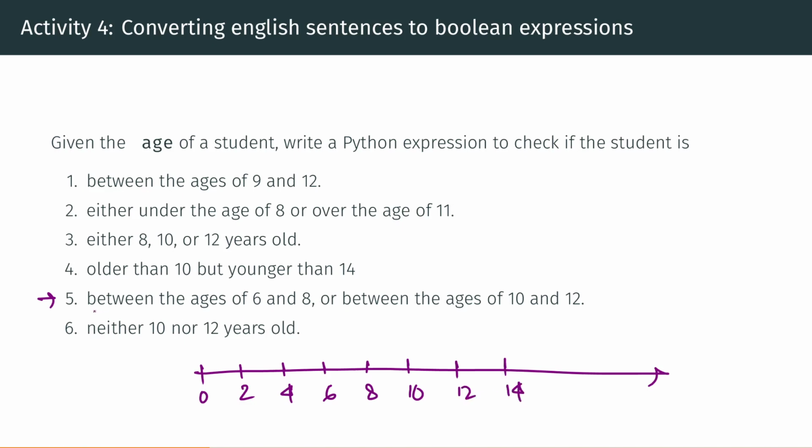Between the ages of 6 and 8 is somewhere in this range right here, or between the ages of 10 and 12, so this one. We want to check if the age falls either in this range or in this range. There is obviously an or, which means you have to combine these two expressions using the or logical operator, right? So how will this look?